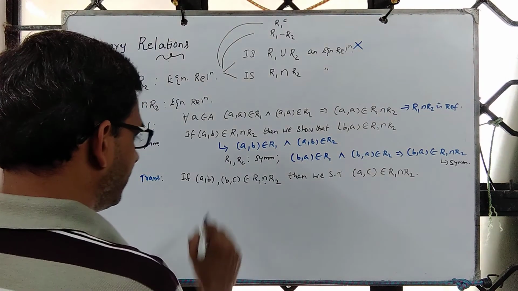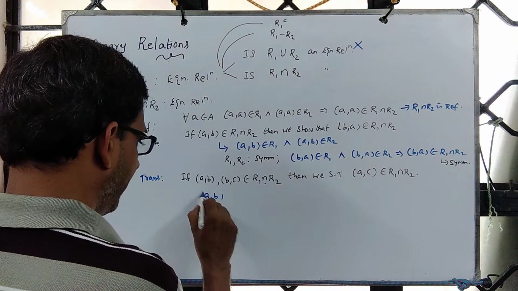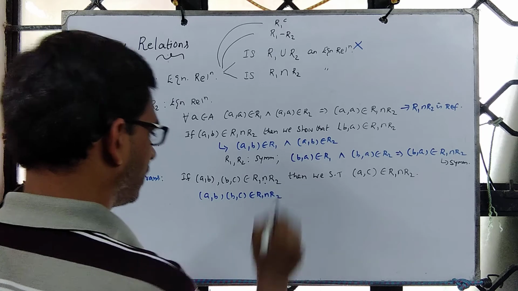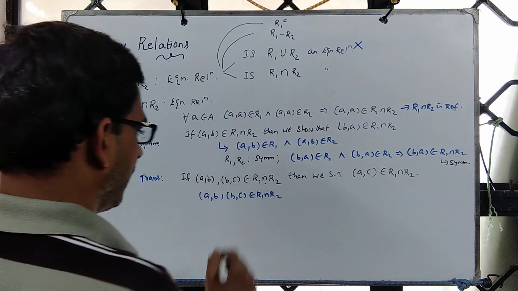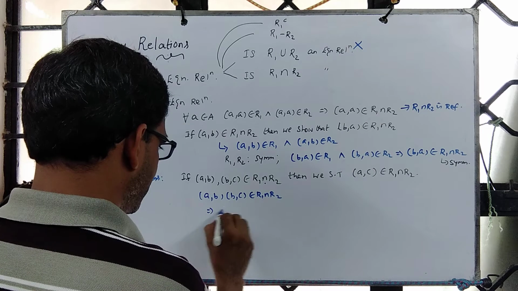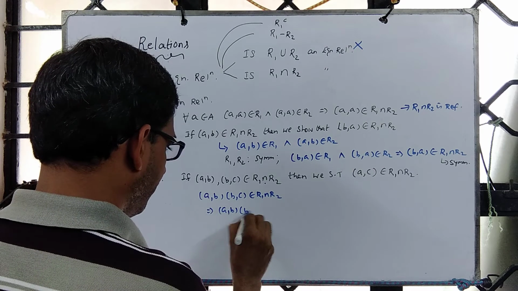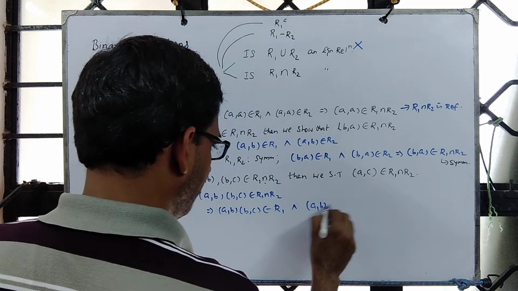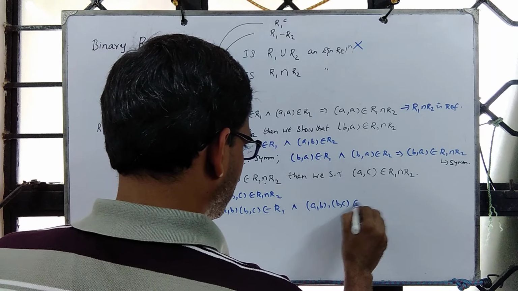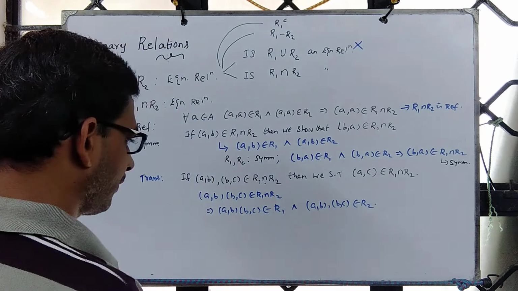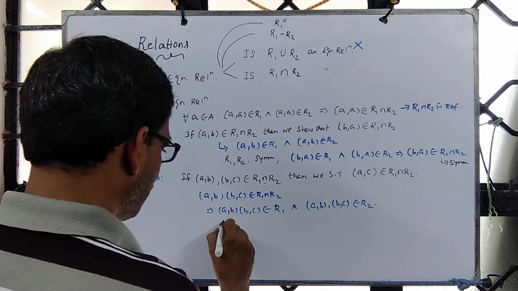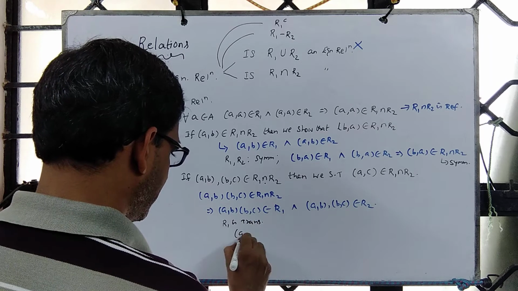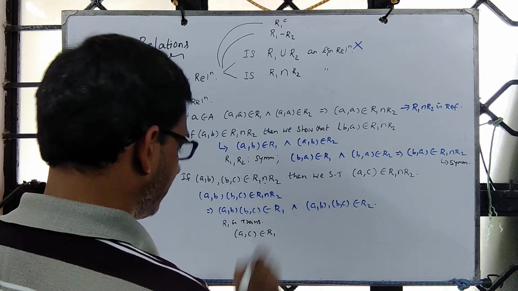Since it is an intersection, (a, b) and (b, c) belong to R1 intersection R2. This means (a, b) and (b, c) belong to R1 and (a, b) and (b, c) belong to R2. We know that R1 is transitive, which means (a, c) belongs to R1.